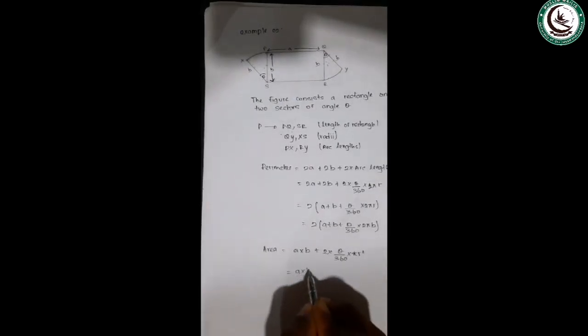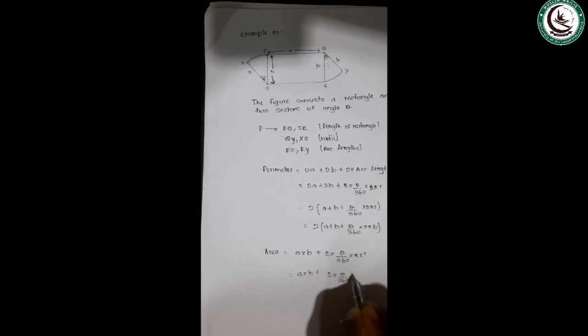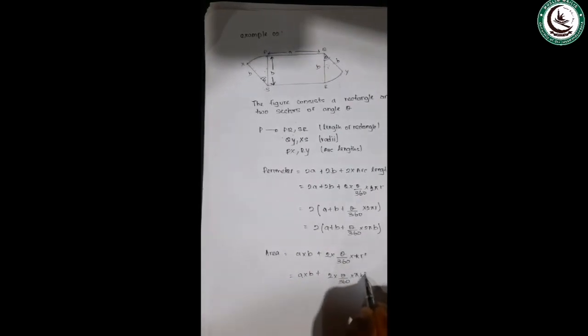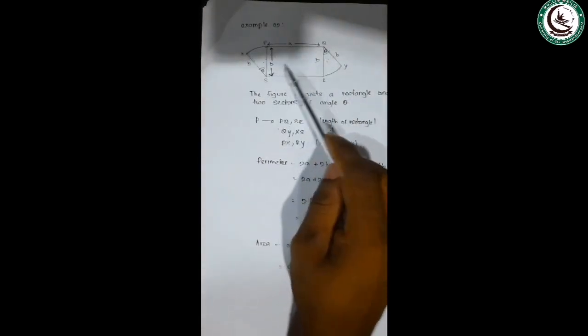So that would be A into B plus 2 into theta over 360 into pi B square. So the area is this rectangle area and two sector areas, this and this. So we have written here clearly that A into B plus 2 into theta over 360 into pi B square.